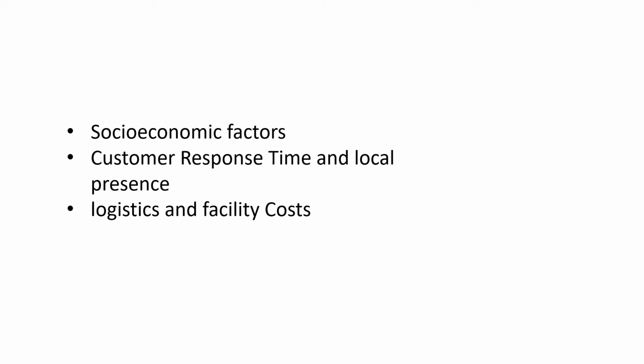Coming to the logistics and facility costs. These are costs incurred within a supply chain as the number of facilities, their location, and capacity allocation is changed. Companies must consider inventory, transportation, and facility costs when designing their supply chain networks. Inventory and facility costs increase as the number of facilities in the supply chain increase.